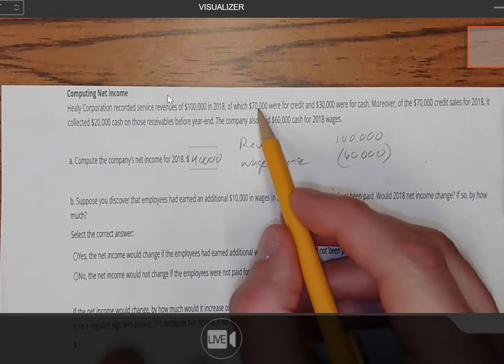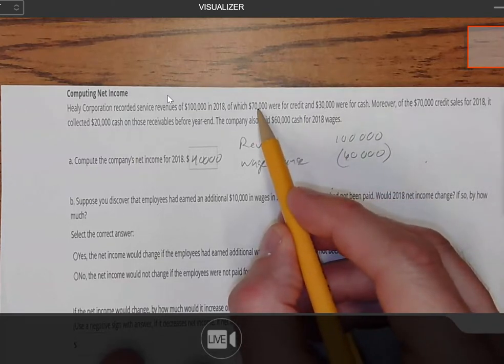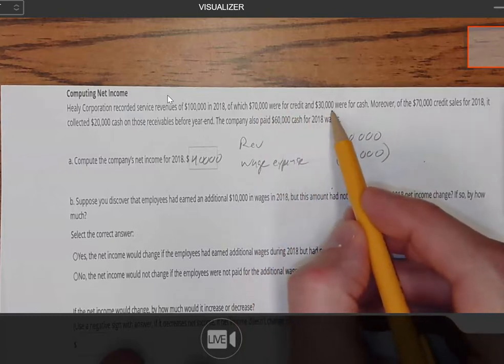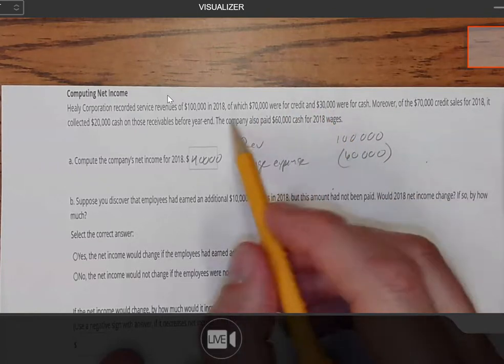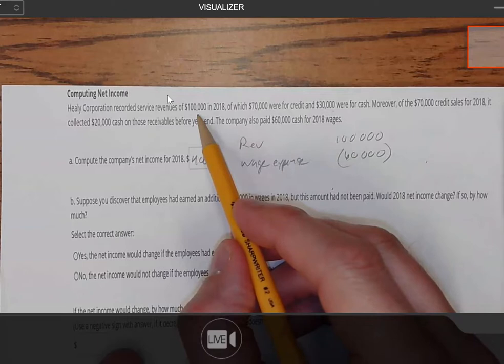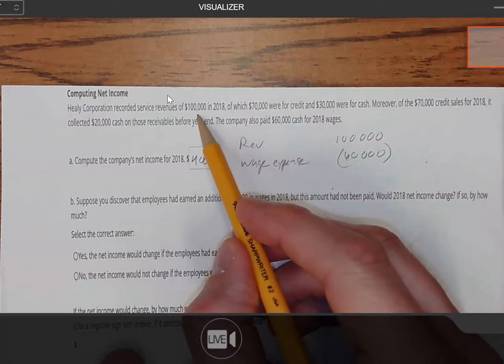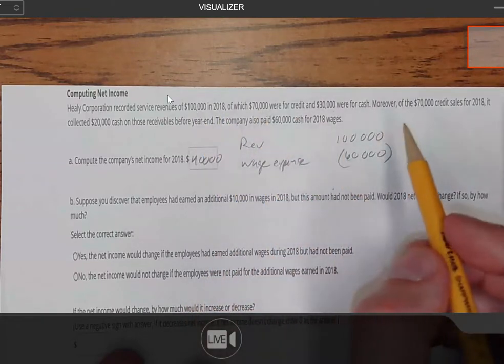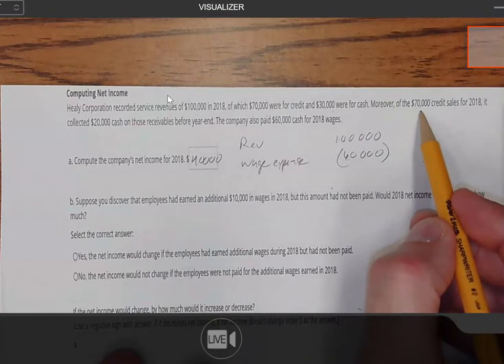It does not matter that $70,000 was on credit and $30,000 was in cash. The fact is they've earned $100,000, and so under the accrual basis of accounting, we are going to record $100,000. The fact that all of this was not collected within the year is completely and totally irrelevant.